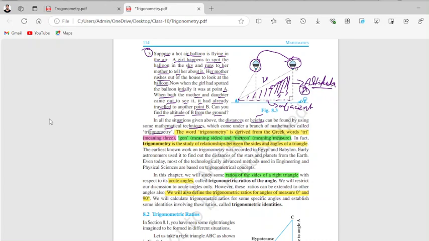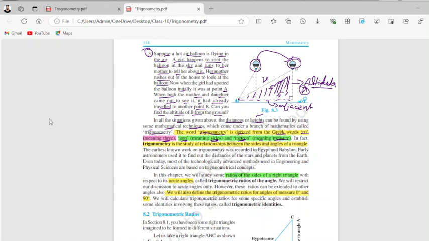Now let us understand something about the word trigonometry. The word trigonometry is derived from the Greek words: tri meaning three, gon meaning sides, and metron meaning measurement.